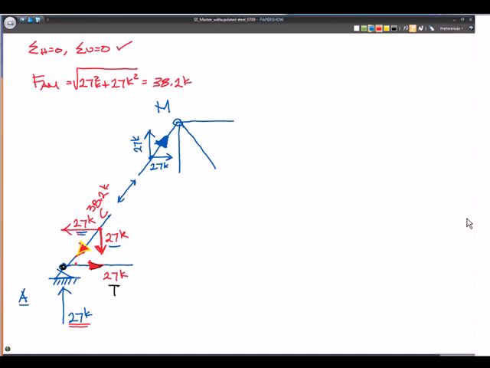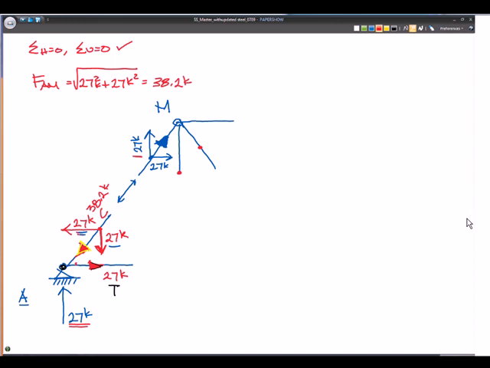So what do we know? If we have 27 kips up, we need 27 kips down. The vertical member can help resist that, and so can the diagonal. We can't split that up, because we don't know in what proportion. That's where the term indeterminate structures comes from. We have too many unknowns for the number of equations.